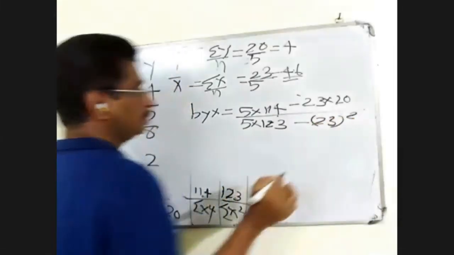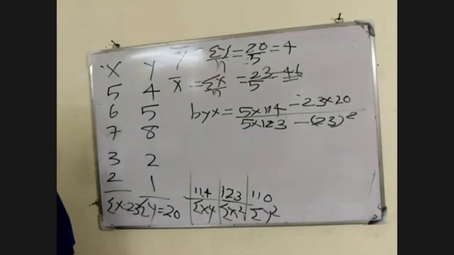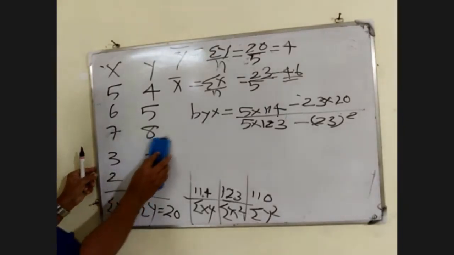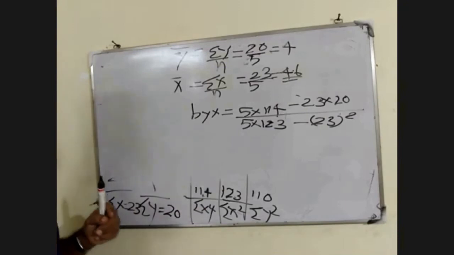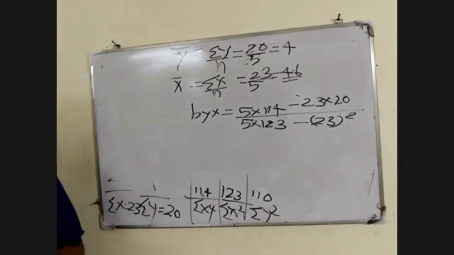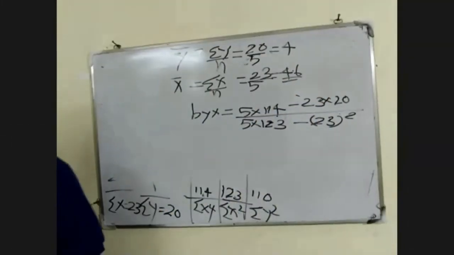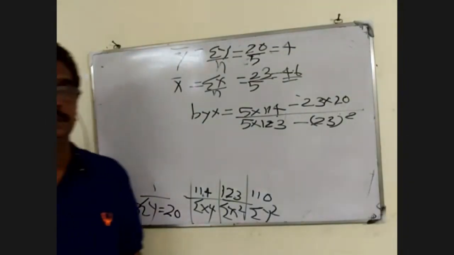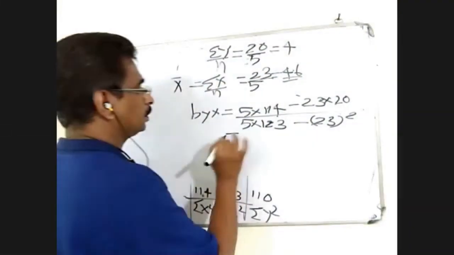Find out what is the value. What is byx? 1.27. Okay, 1.27.